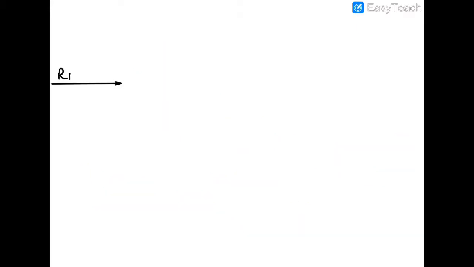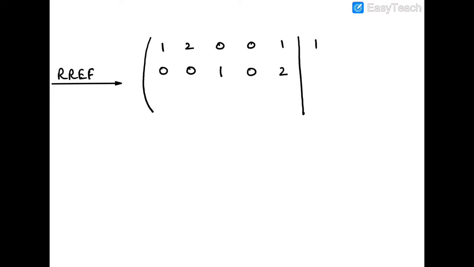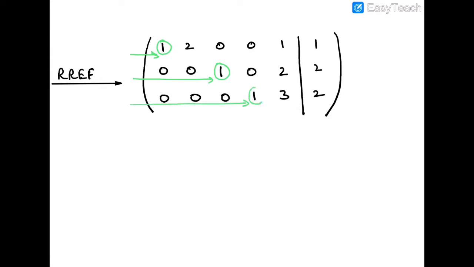Now let's take another matrix in RREF, and that matrix is 1 2 0 0 1 1, 0 0 1 0 2 2, 0 0 0 1 3 2. So the leading entries for rows 1, 2 and 3 are 1, 1, 1. So these are the pivots, and the columns that contain them are the pivot columns.